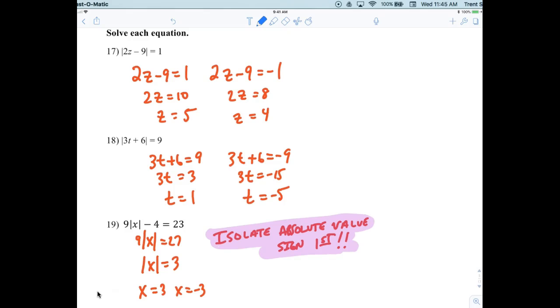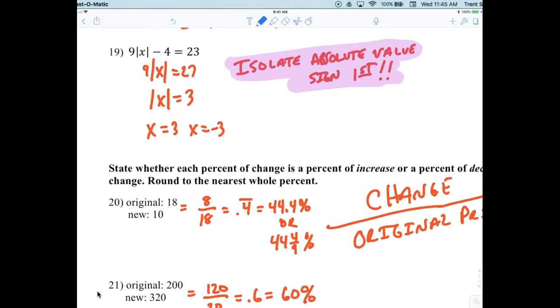I'm going to scroll 19 up. 19 is the one you should put a star by and make sure you review, because 19 is the one that doesn't have the absolute value isolated. 19, the absolute value is not isolated. So let me scroll it up a little bit and let you look at it and make sure you understand what I'm saying.